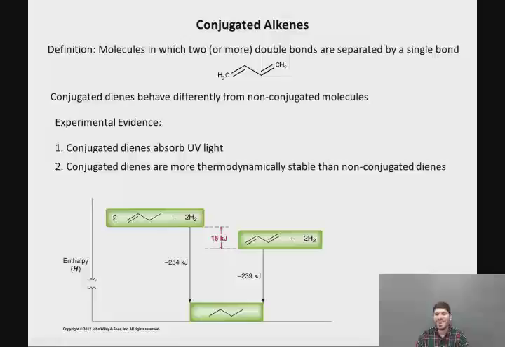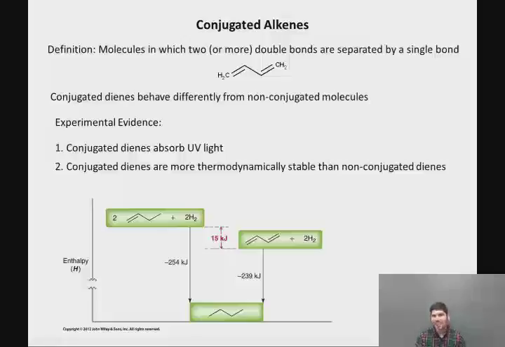Whereas if you take a molecule of 1,3-butadiene, which has 2 double bonds, but they're in conjugation, you only get out 239 kilojoules per mole. What that means is that the conjugated diene is more stable than 2 isolated alkenes by 15 kilojoules per mole.